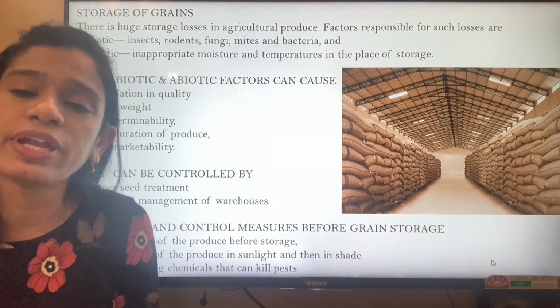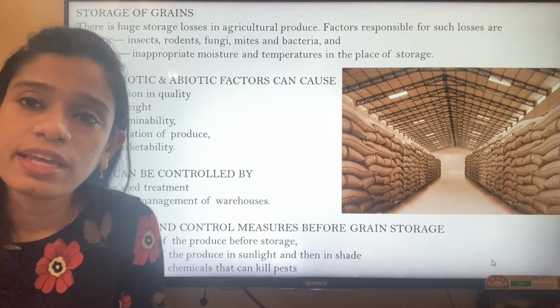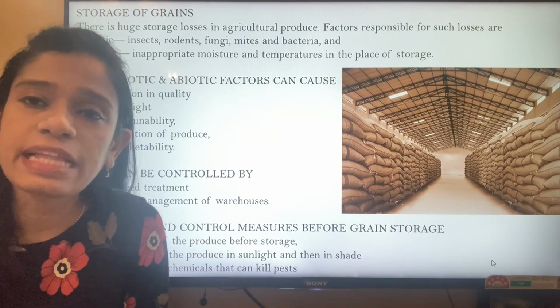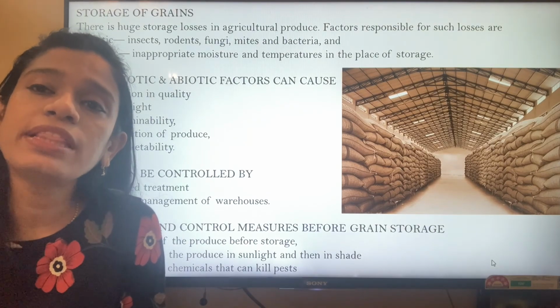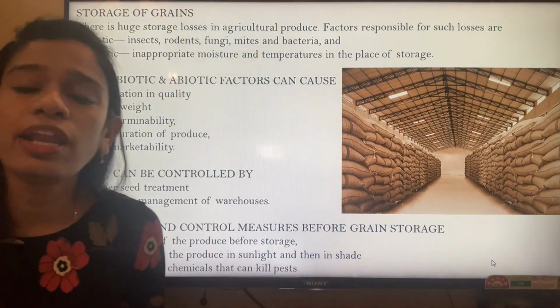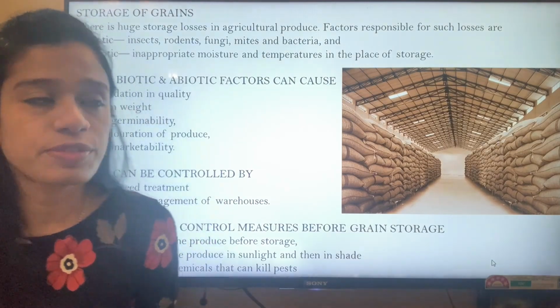Sometimes it so happens that the humidity is very high or the temperature is very low, and such things help in the development of fungus, mites, bacteria and other insects and pests.